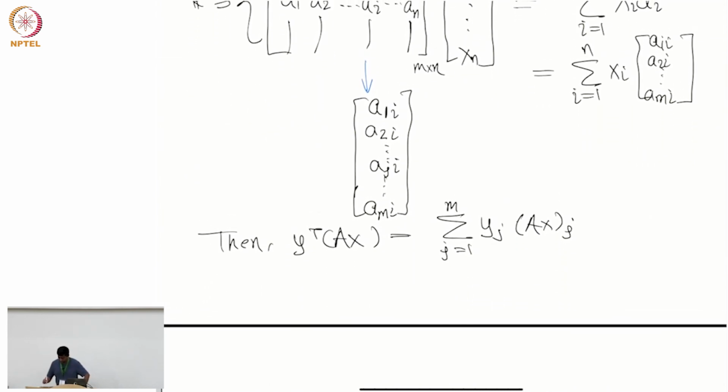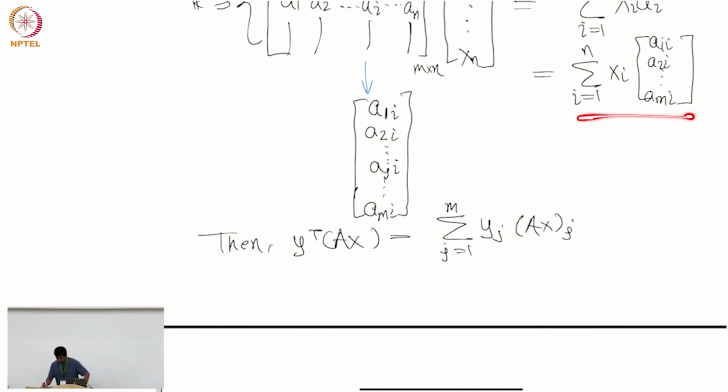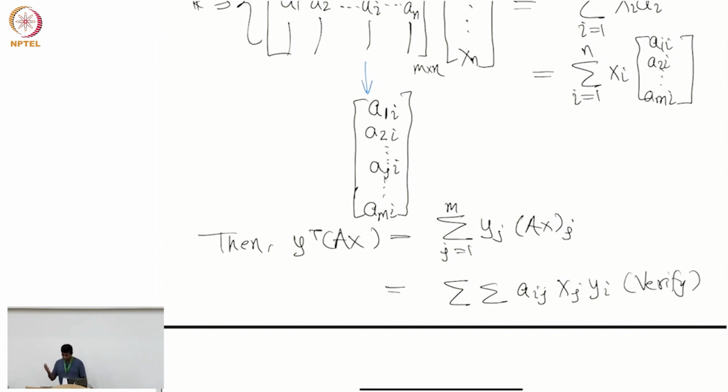I'm not going to do it, because it's a painful and time consuming computation. You put this in and you'd get something like a double summation of aij xj yi. You need to verify this. It's not very important precisely what you end up with.